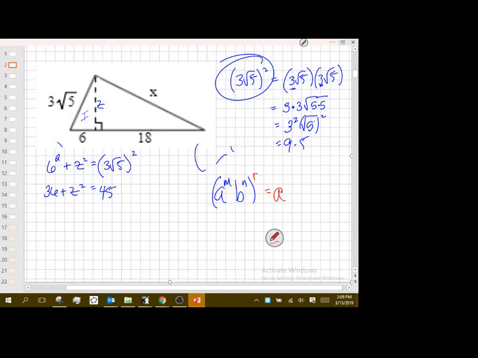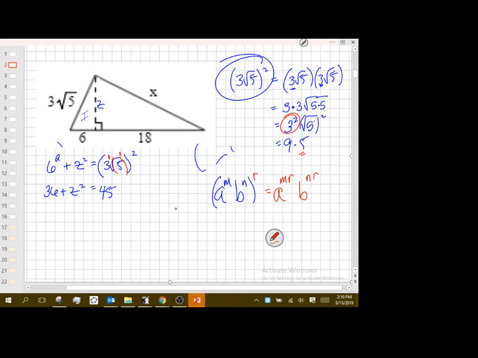All you do is you take a, and then you take m times r, and then you go b, and it's n times r. And that becomes your exponent. So what are these exponents here? That's a 1. And this radical 5 has an exponent of 1. So 2 times the 1 gives me 3 squared. And then the radical 5 to the first gives me radical 5 to the second, because I multiply the 1 and the 2. So radical 5 squared is just 5.